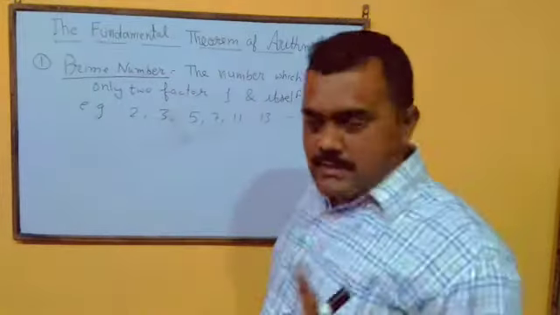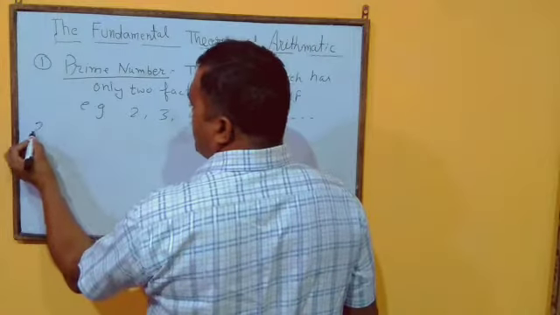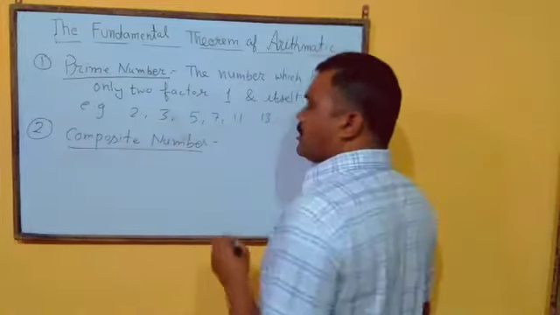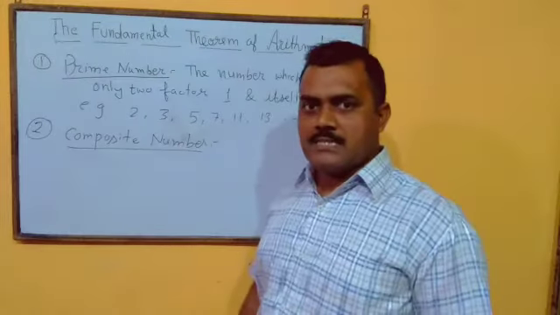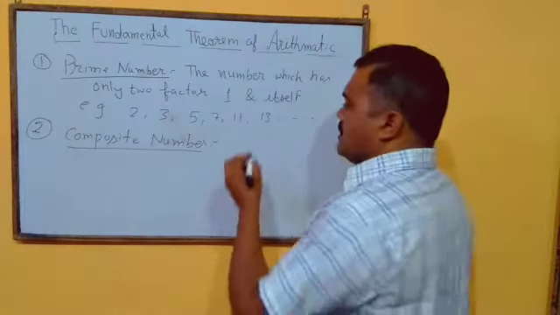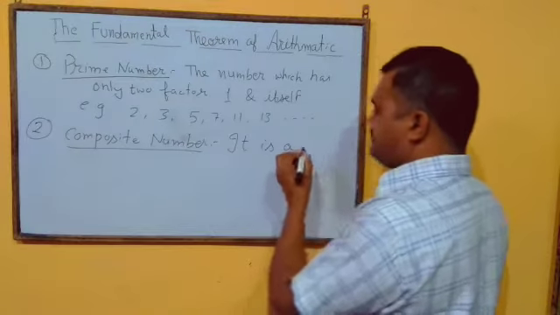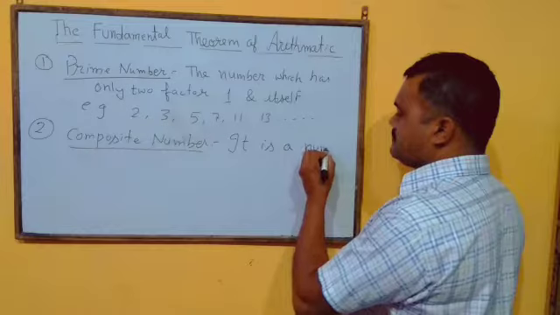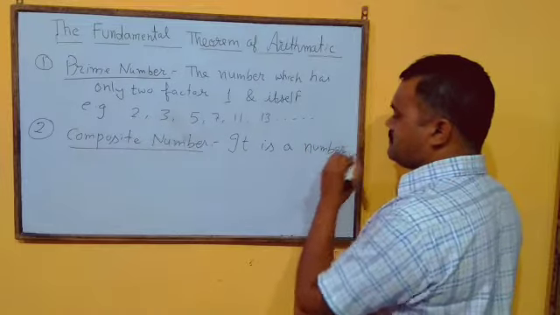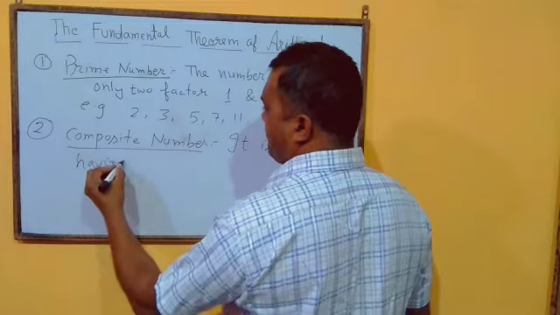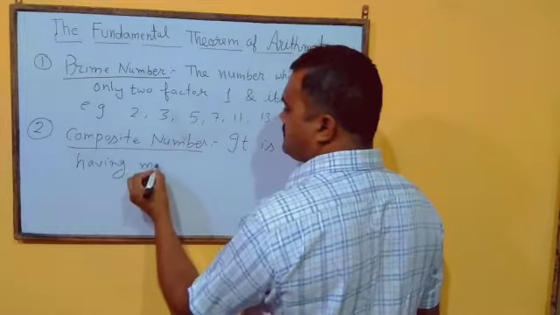Next topic is the composite number. Do you know what the composite numbers are, which you studied in the previous class? A composite number is a number having more than two factors.